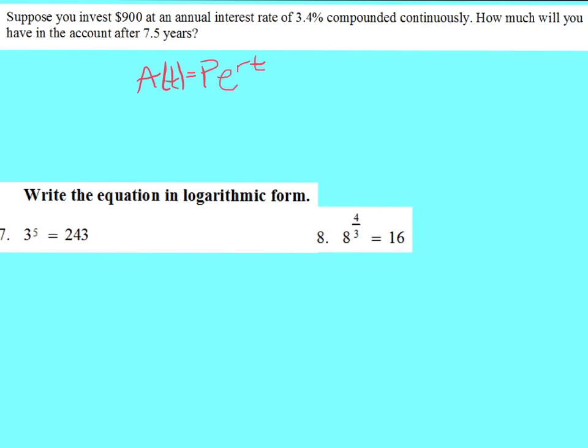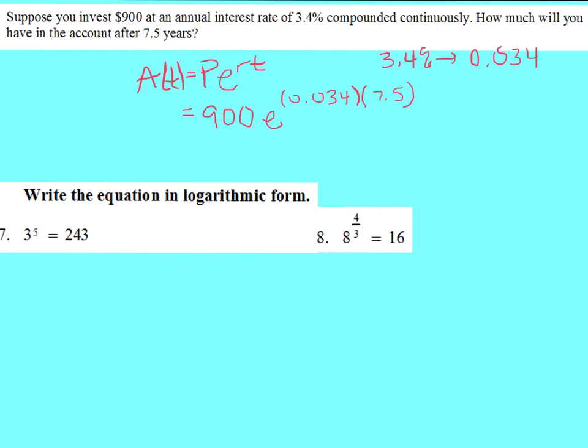So I'm going to plug all of these things in. It told me that I initially invested $900, and the rate that I invested at was 3.4%, which is the decimal 0.034. So I'm going to put that in here, 0.034. My time is 7.5 years.